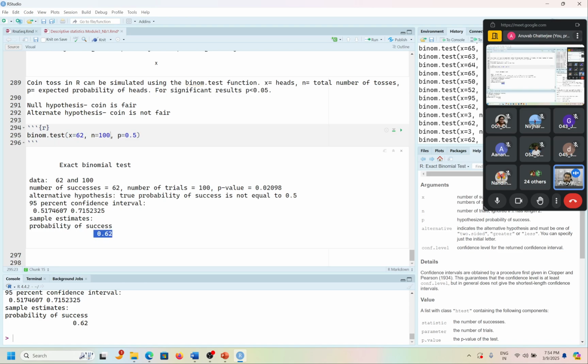Same probability of success, but now we are significantly able to prove that the coin is unfair. This is how you avoid the type 2 error.